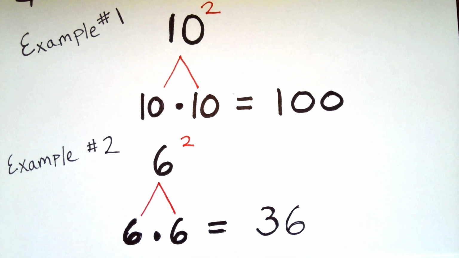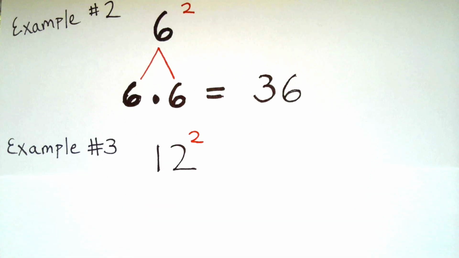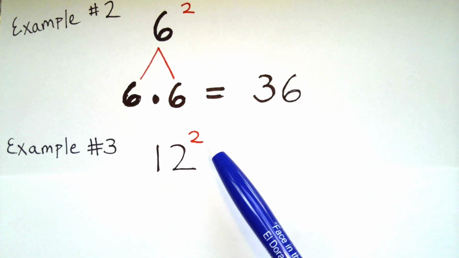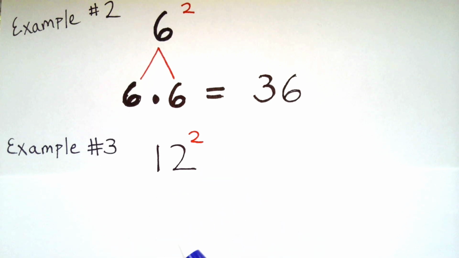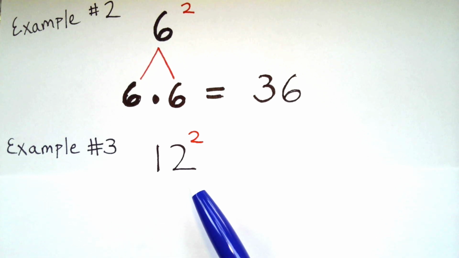All right, I'm going to give you one more example, example 3. Why don't you give this one a try on your own? Pause the video after I introduce the problem. All right, so for example number 3, we have 12 to the power of 2, or 12 squared. Either way, it's just a different way of expressing this particular value. So push pause.